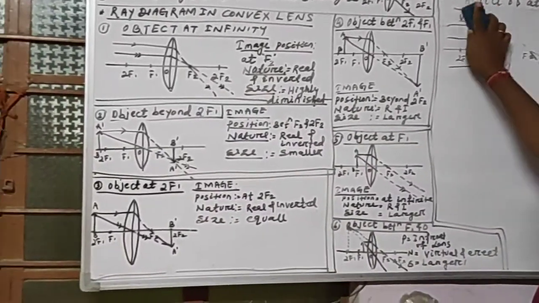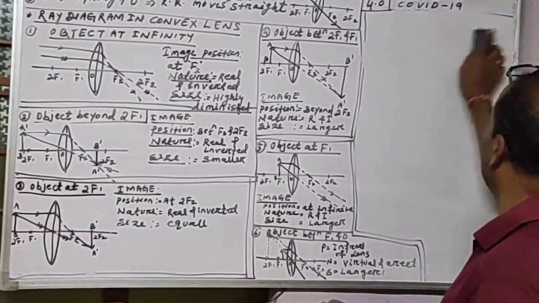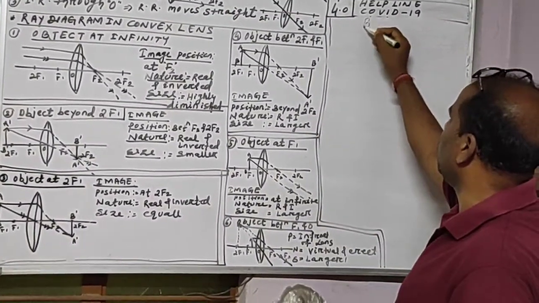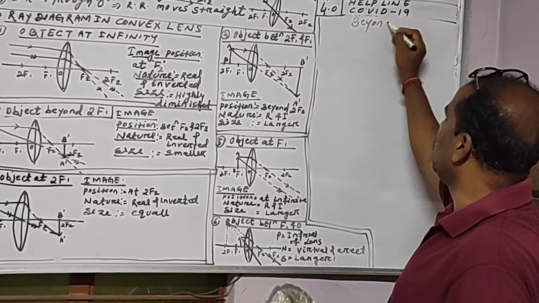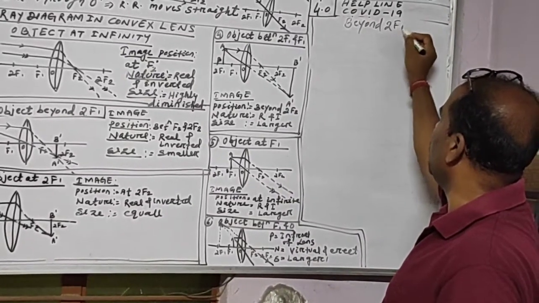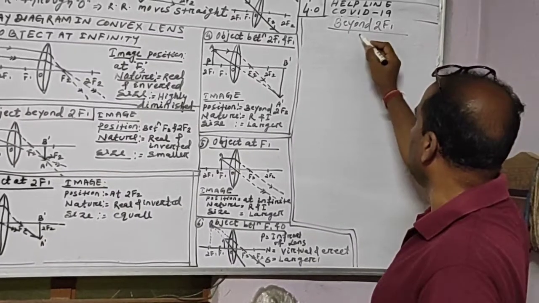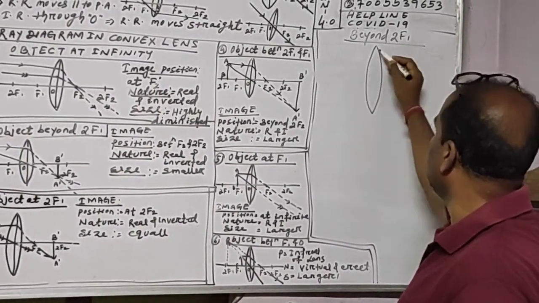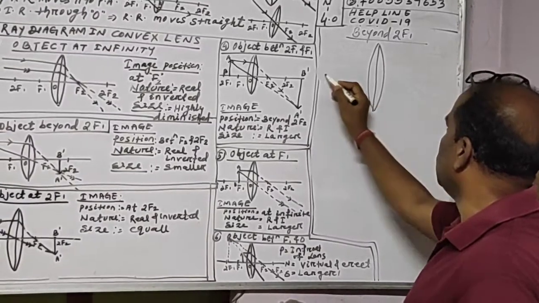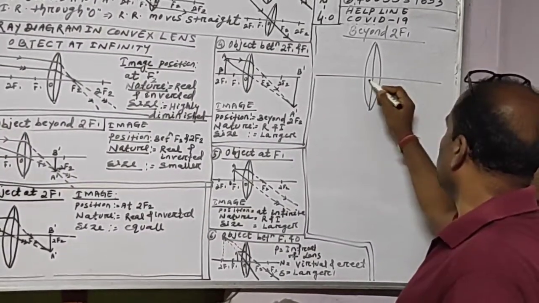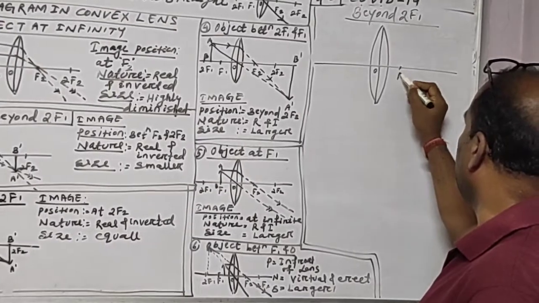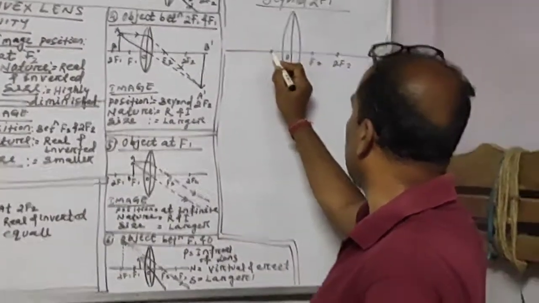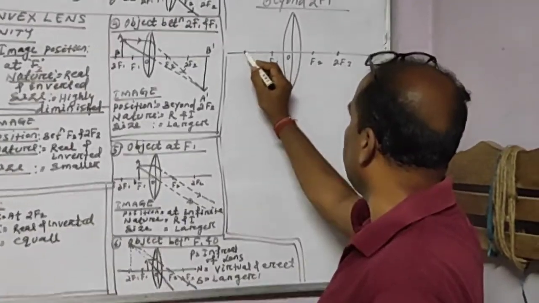Similarly, we will go to the second ray diagram. Object is beyond 2f1. Now we have to go beyond 2f1, so immediately we have to go for the lens making. So the lens, this is the straight line, this is the optical center, f2, 2f2. Now this is f1 and 2f1.